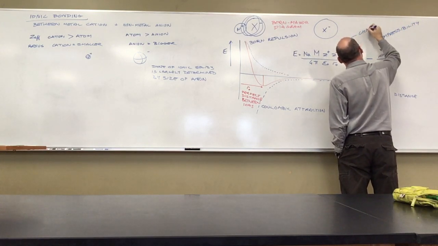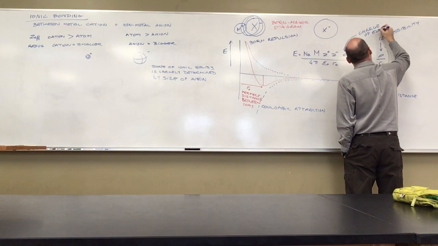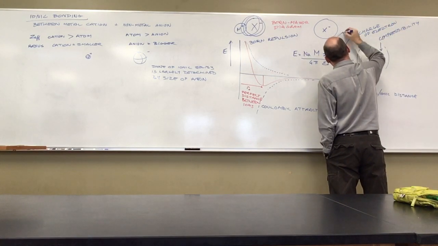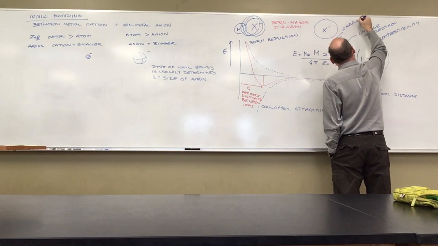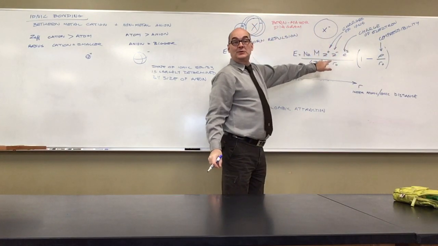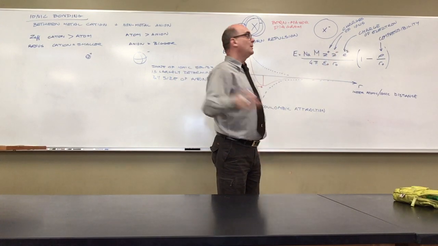This is the charge of an electron. These are the charges of the ions, because the energy between a 2 plus and 2 minus would not be the same as between a 1 plus and a 1 minus.